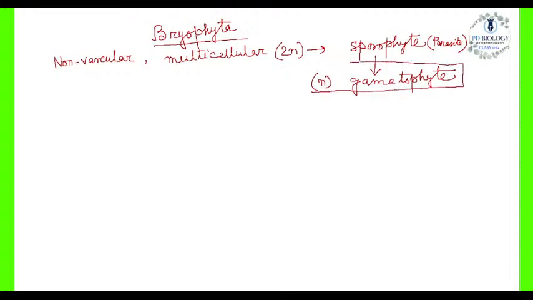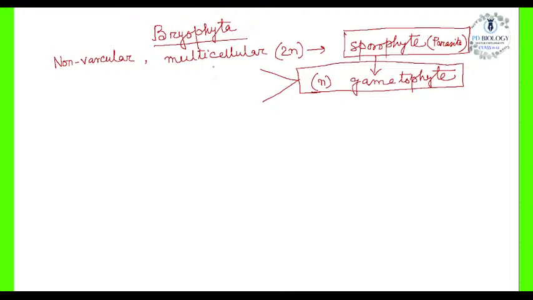Very important. This concept is very important. Remember this one: which one is dominant, which one is dependent, which one is parasite. Keep all these in mind. And the haploid gametophyte develops multicellular jacketed sex organs.